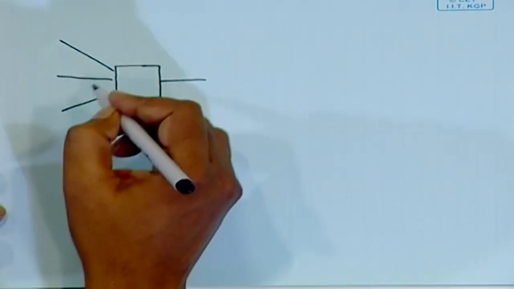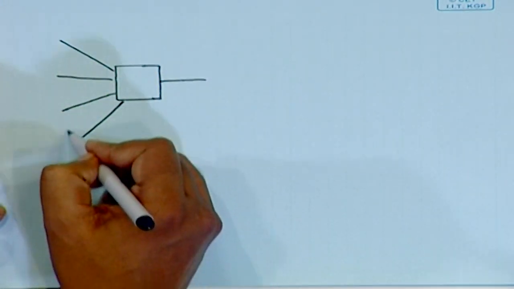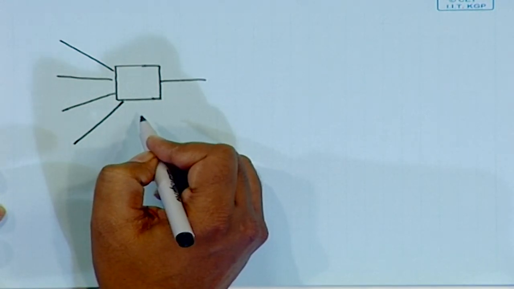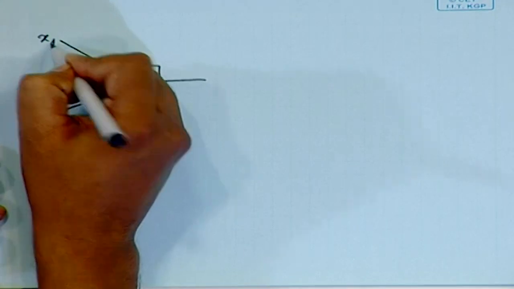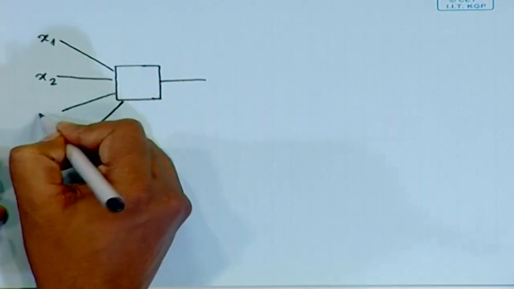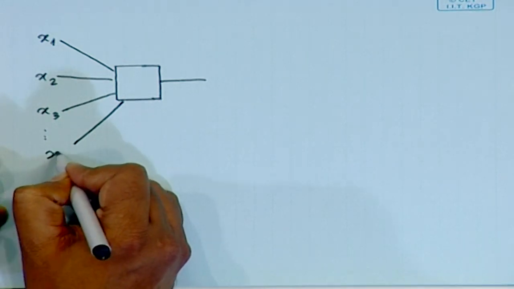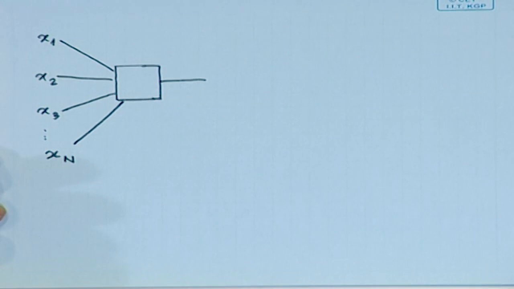I give the feature vector as input to this neuron, and our feature vectors have different components x1, x2, x3 up to xn, if I have an n dimensional feature vector.